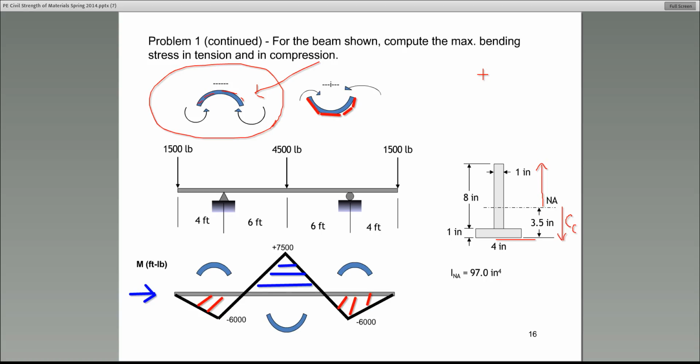Now, in the area where the beam is subjected to negative moments, the distance from the neutral axis to the top, what do we call that? C sub T. Why? Because in the negative moment region, the top is in tension. In the portion of the beam where the beam is subjected to positive moments, the reverse happens.